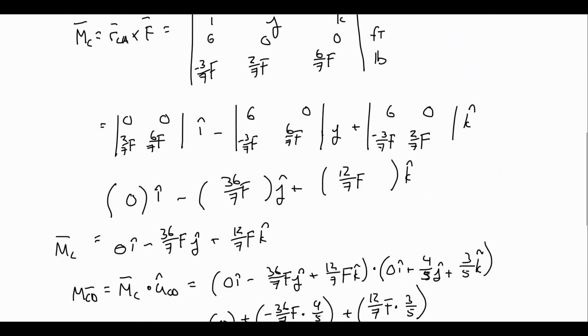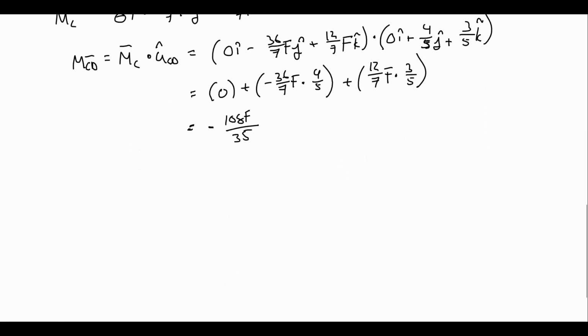So the last step here is I know that 108 f over 35, again, I'm dropping the negative because I'm just looking at magnitudes in this example, is going to equal 500, and this is in base units, pound-feet. Right, so the only thing I don't know at this time is F, which is the tension in that cable.